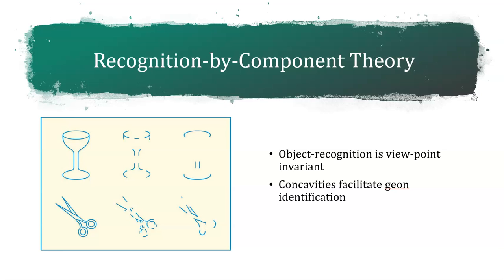Object recognition was much harder to achieve when parts of the contour providing information about concavities were omitted than when other parts of the contour were deleted. So it is easier to recognize glass and scissors from the images in the middle than from the images on the right, even though the same amount of lines were omitted.